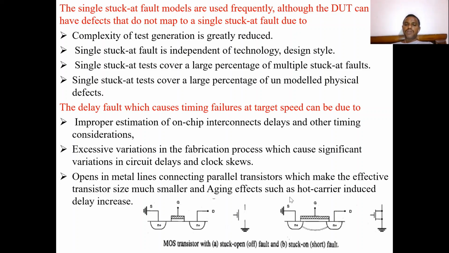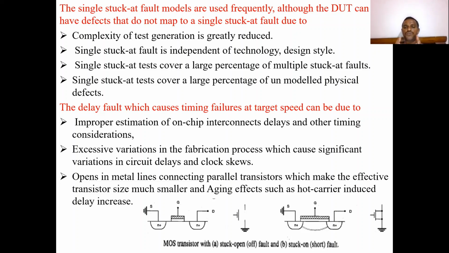And at the same time here, stuck on. Stuck on means shorted. If the length of the channel is very, very small, there may be a possibility of overlapping of the source and drain. The length of the channel is nothing but the distance between the source and drain, excluding the depletion region, and it is called the channel length.